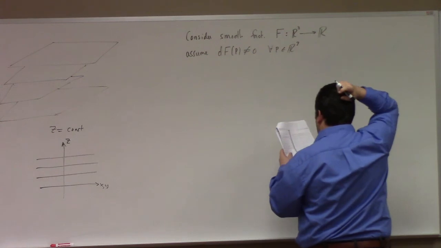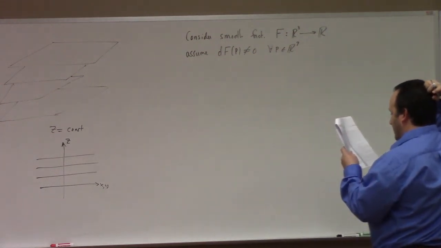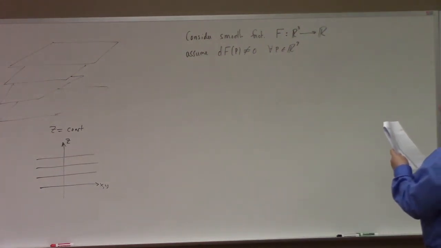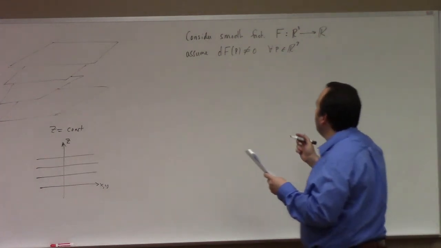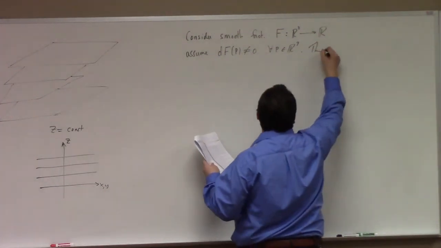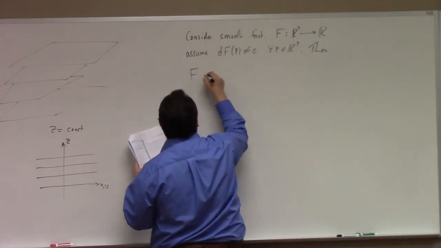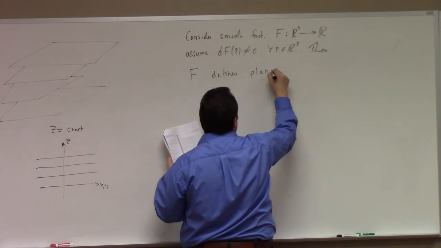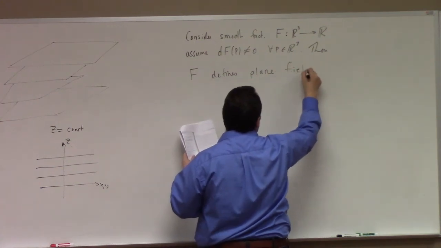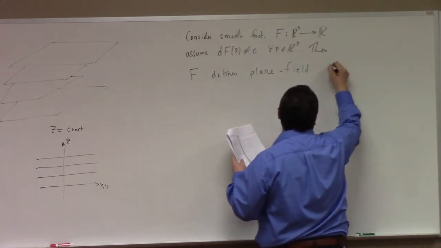He says, then f defines a plane field, E sub f, on R3 in the natural way. So how will we define a plane field, E sub f?